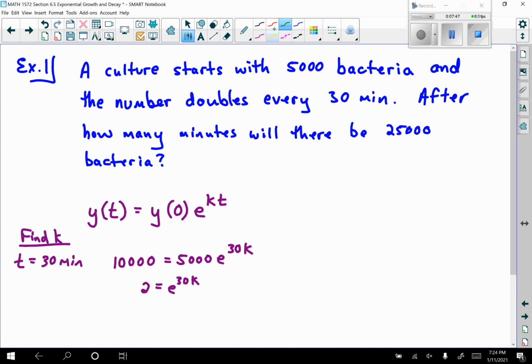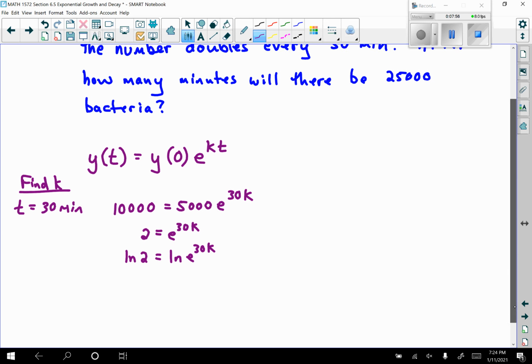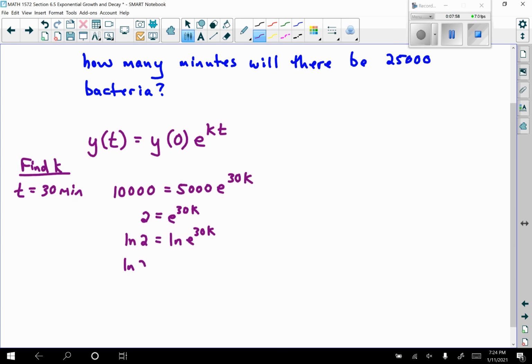We're going to take the natural log of each side, so we'll take the natural log of 2 is equal to the natural log of e to the 30k. So we still have the natural log of 2. Over here, natural log of e to anything is just going to be that exponent, or we could say we bring down the 30k, and then it's really times the natural log of e, and then that goes to 1. So we're going to say k is going to equal the natural log of 2 over 30.